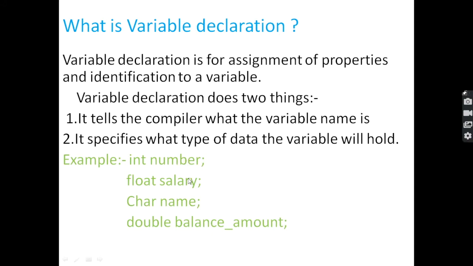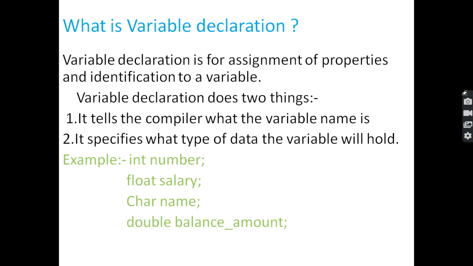So when we declare an integer type variable, we have to use the int data type. Similarly, float salary: here salary is a floating type variable, so we have to use the float data type. And float amount: when we use the amount variable, we have to use the float data type.